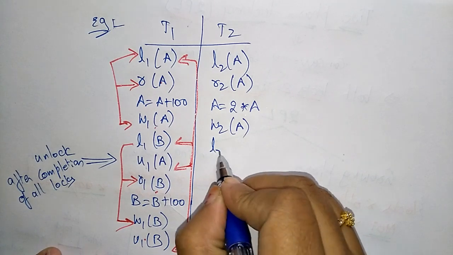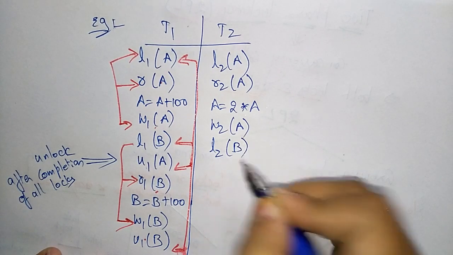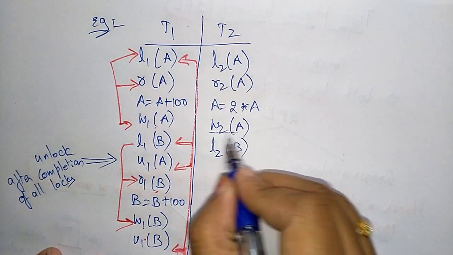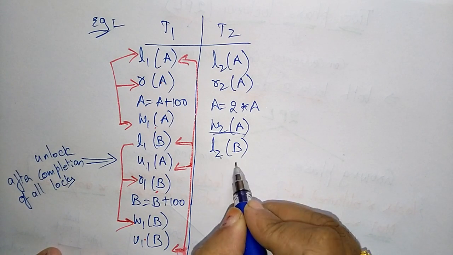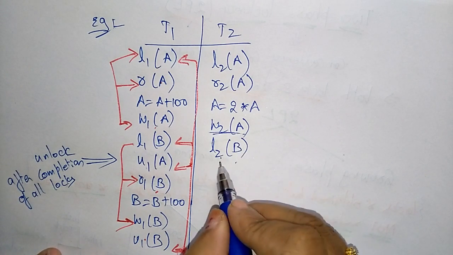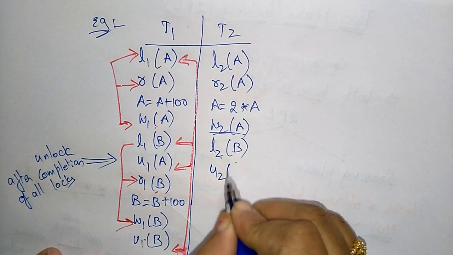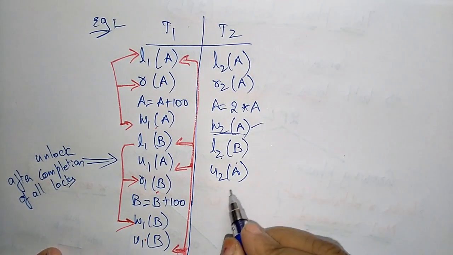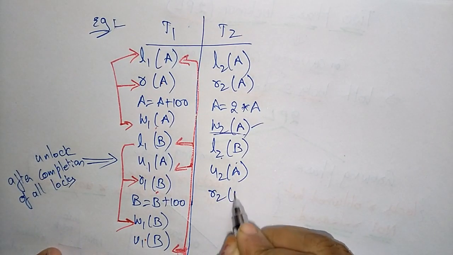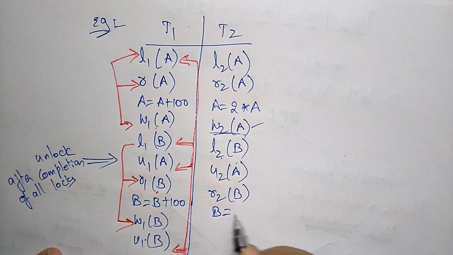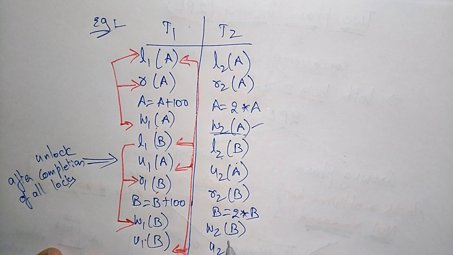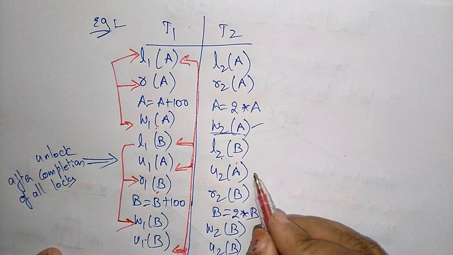The transaction is going to lock another data item because one operation is over, so it locks another data item before releasing that lock. Lock B, now unlock A. Read B, B = 2 * B. Now write the data item B. Unlock this data item.